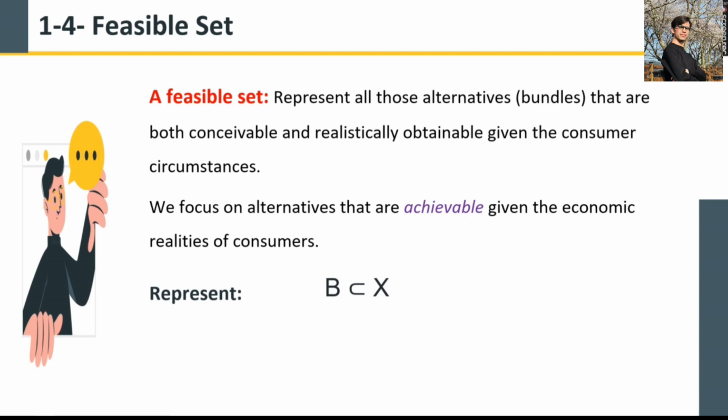The consumption set itself has one characteristic, which is conceivable but maybe not realistically achievable in practice, but the feasible set has both conditions, both conceivable and realistically obtainable. So that's why the feasible set is a subset of the consumption set.